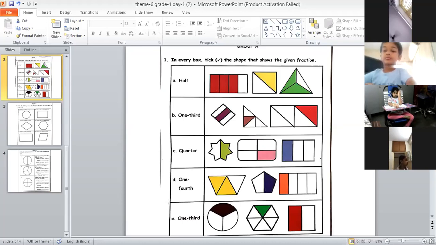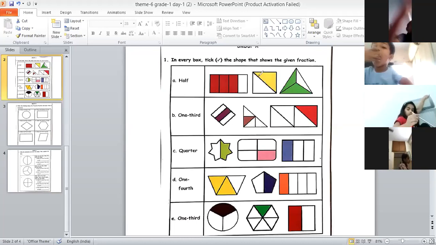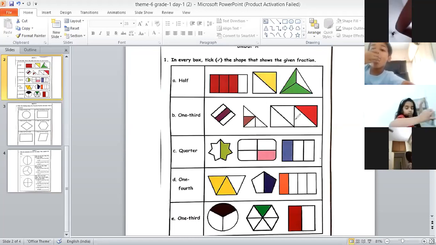Now, Janvi, please unmute yourself. Yes, ma'am. Now, Janvi, tell me what about second shape? Second shape is divided into how many parts? 2 parts. Very good. So, is this shape representing half? Yes. Very good.